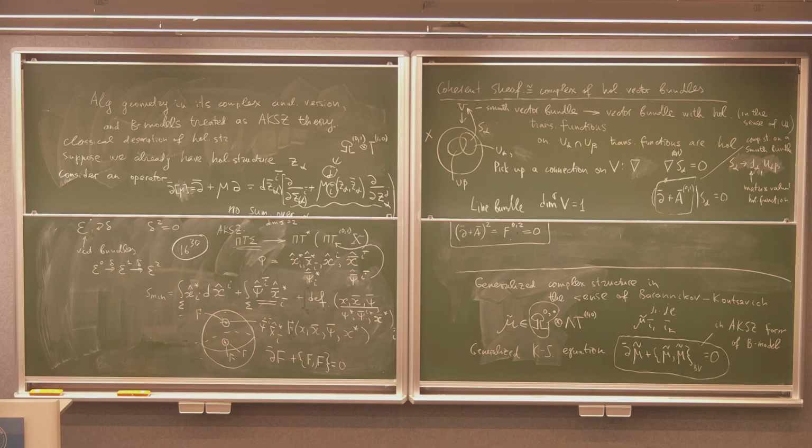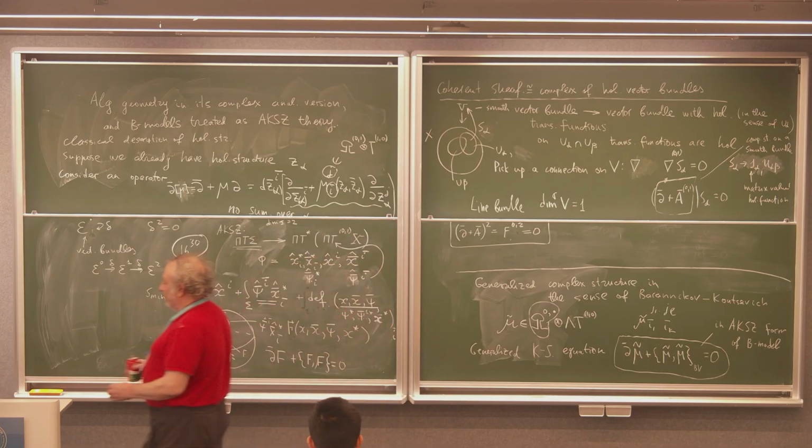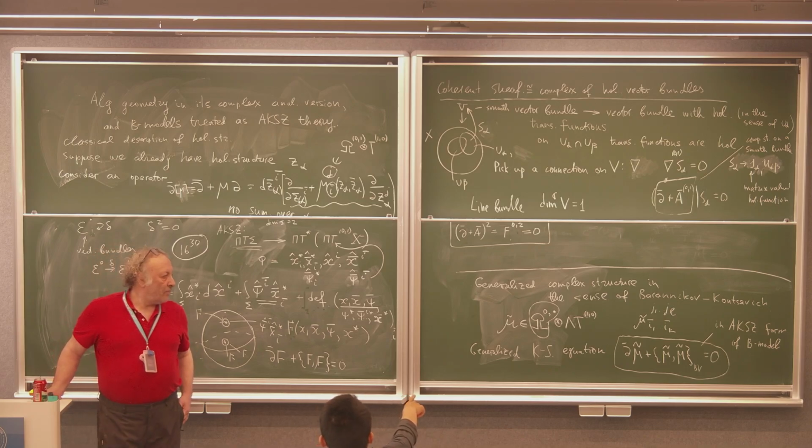But they form a complex of various things. So here mu seems to be a zero form, but mu here is not zero.